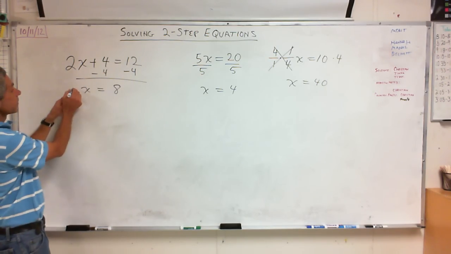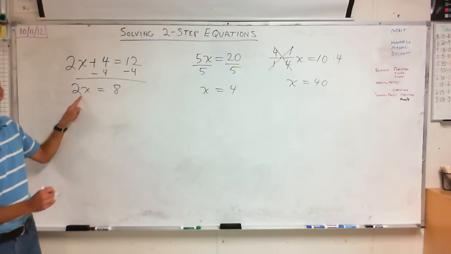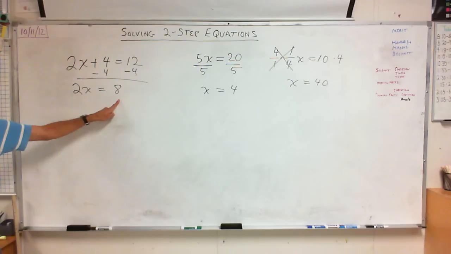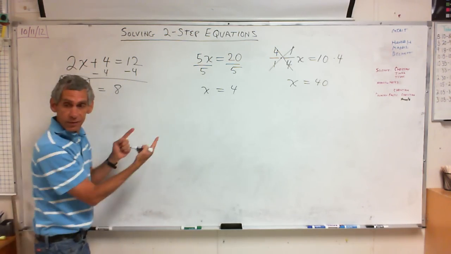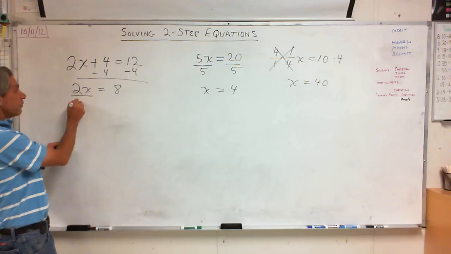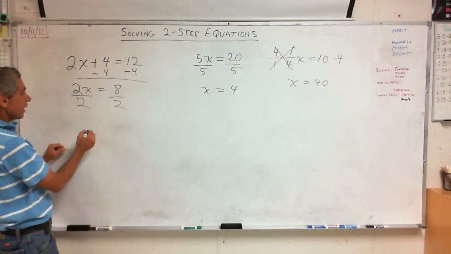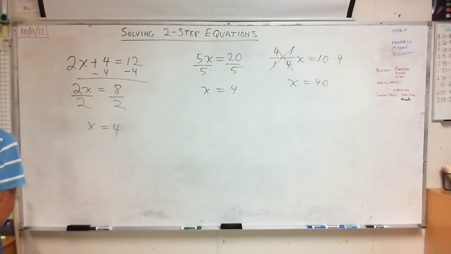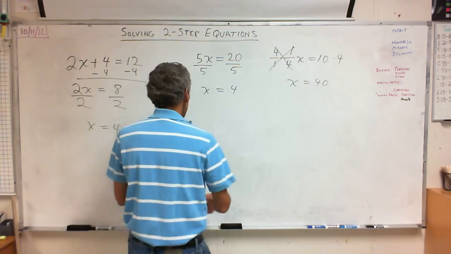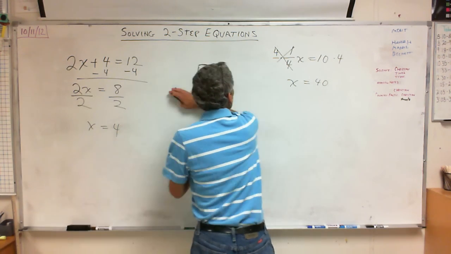And the only thing is, I would now have a 2x down here equals 8, right? And what would I do now? Divide both sides. So I divide by 2, and then I have x is equal to 4. You guys now know how to solve a two-step equation. They're really quite simple. So let's try a few.